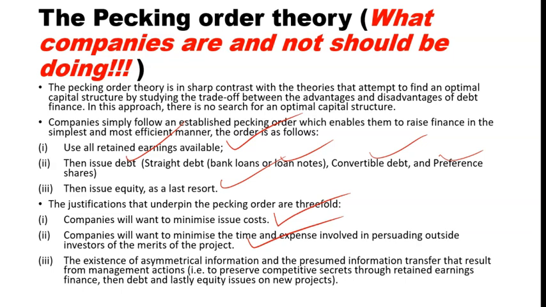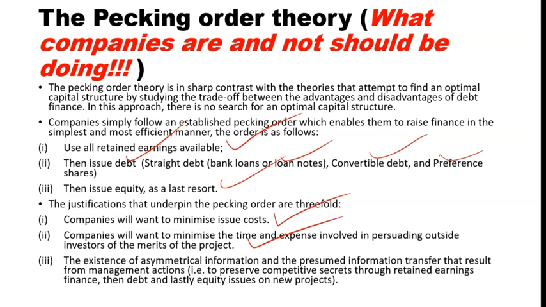Then there is the existence of asymmetrical information and the presumed information transfer that results from management actions, that is, to preserve competitive secrets through retained earnings finance, then debt, and lastly, equity issues on new projects. Sometimes it is a competitive advantage to fund your own business activities with your own money rather than obtain it from external parties.